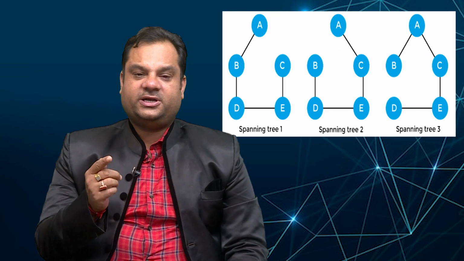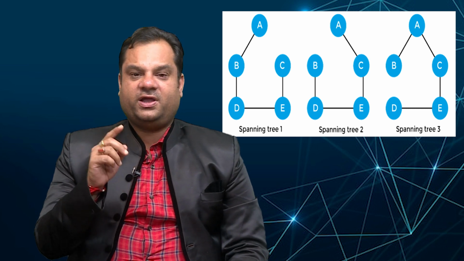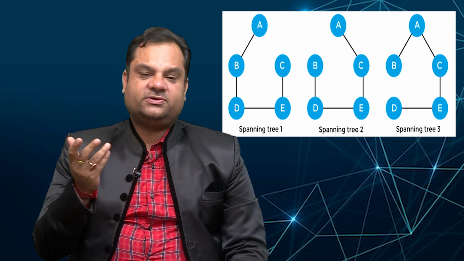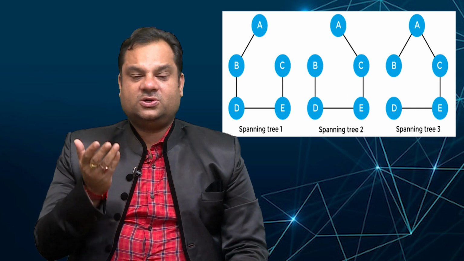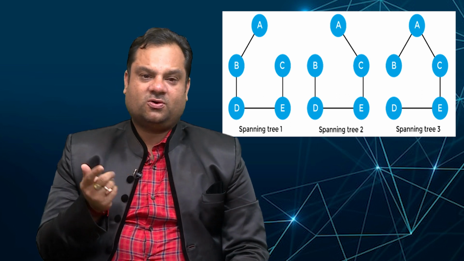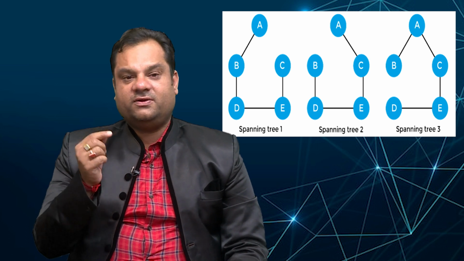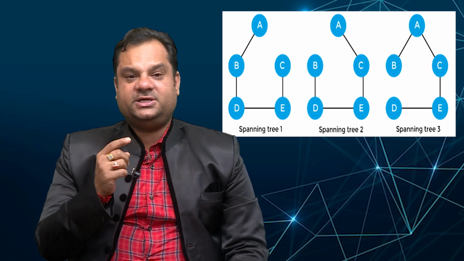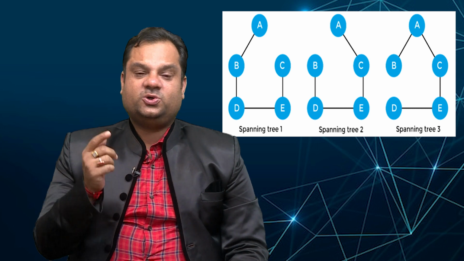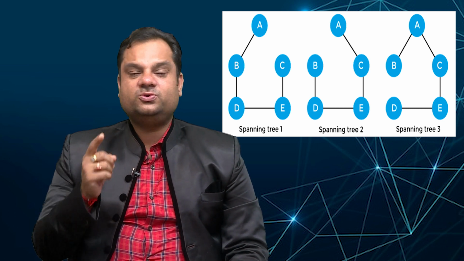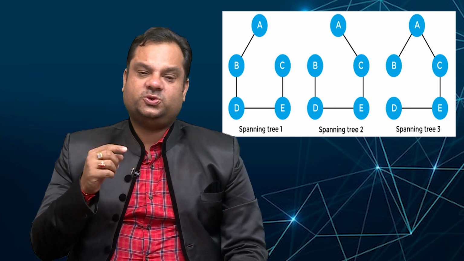Suppose as per the diagram of this particular graph, we can generate these 3 trees. This is not cyclic. We are talking about the first spanning tree. Here we take all the vertices A, B, C, D, E, and they should be connected. We don't connect A to C, because when we connect A to C, it would form a cycle.